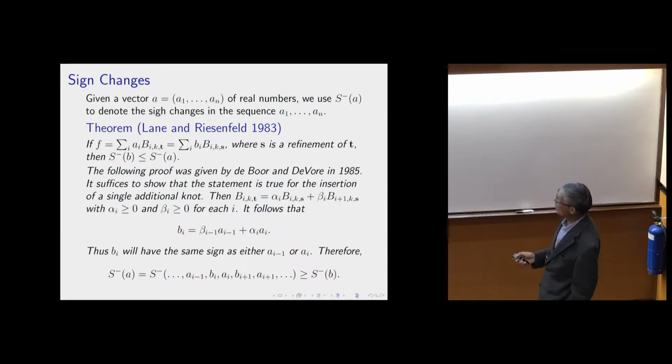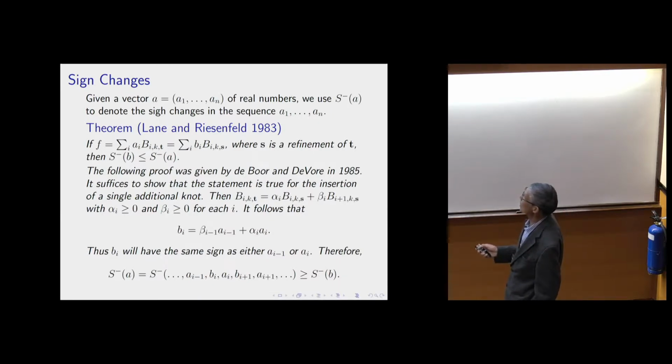So, though non-negative, we have the sequence A, we just insert B, because the sign of B_i is either that of A_{i-1} or A_i, inserting B_i will not increase the number of sign changes. Then we remove all the A_i, so for sure we get at most the sign changes of the B sequence.